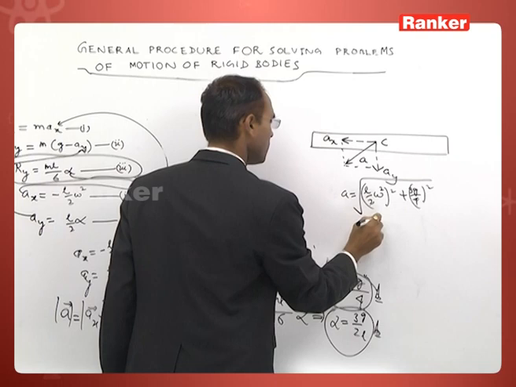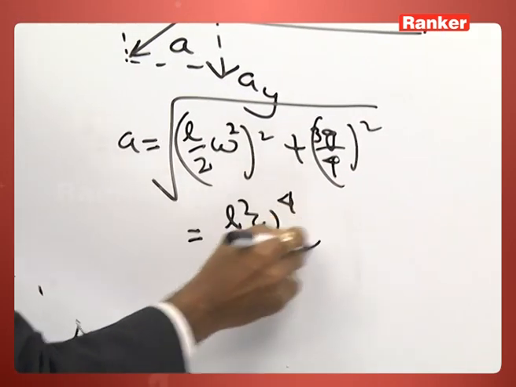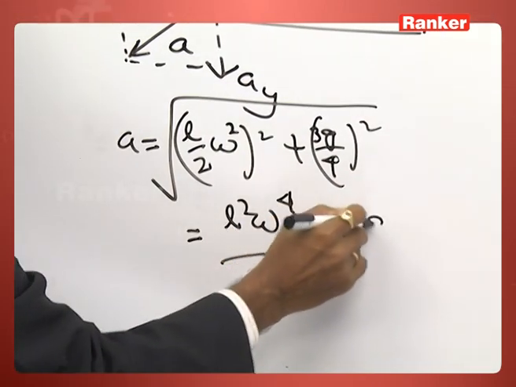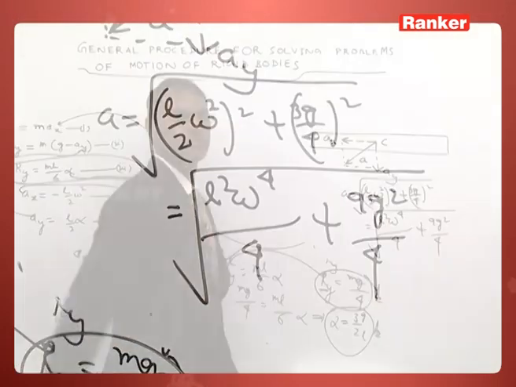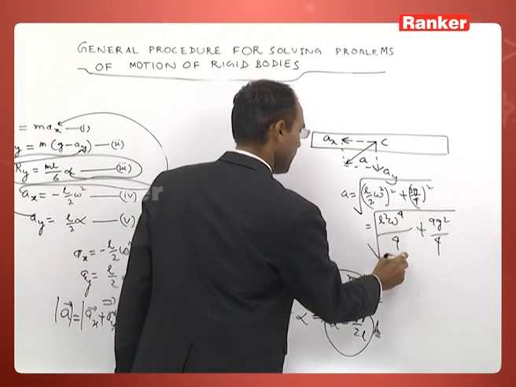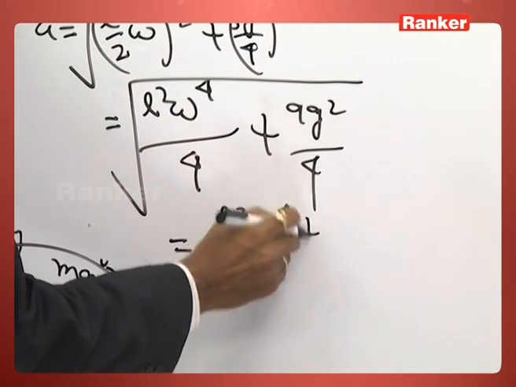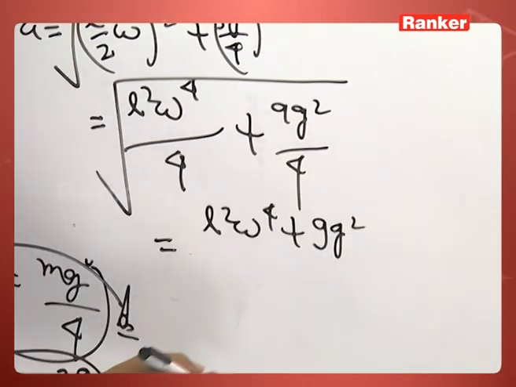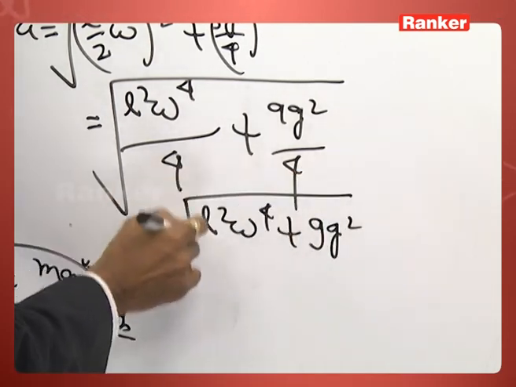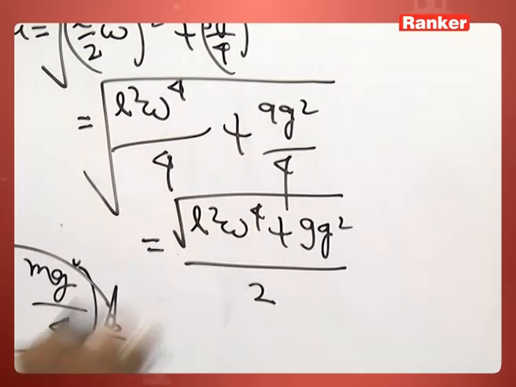This is equal to the square root of L square omega to the power 4 by 4 plus 9g square by 4, and we can write it as square root of L square omega to the power 4 plus 9g square, divided by 2.